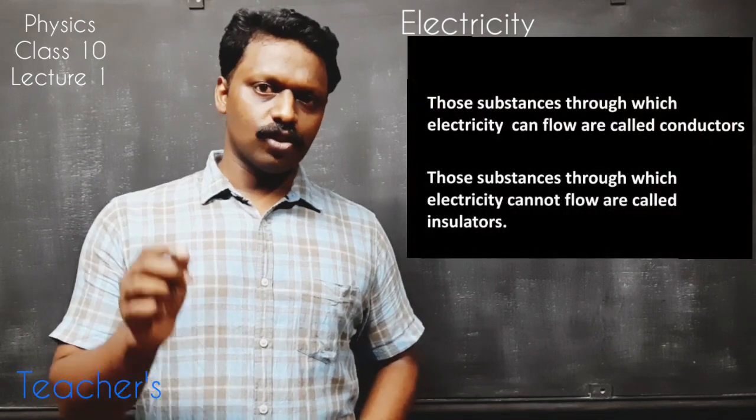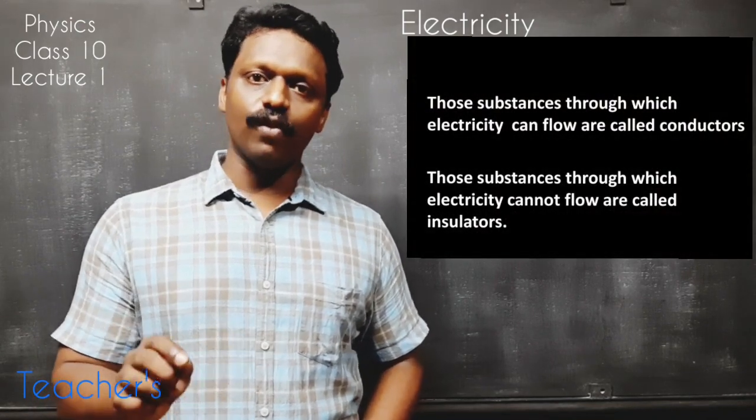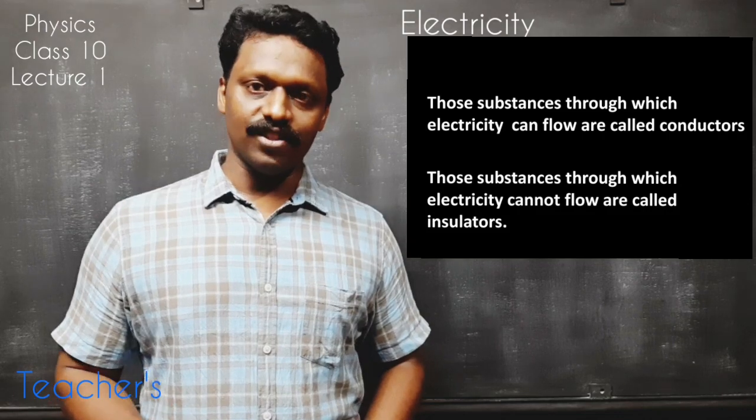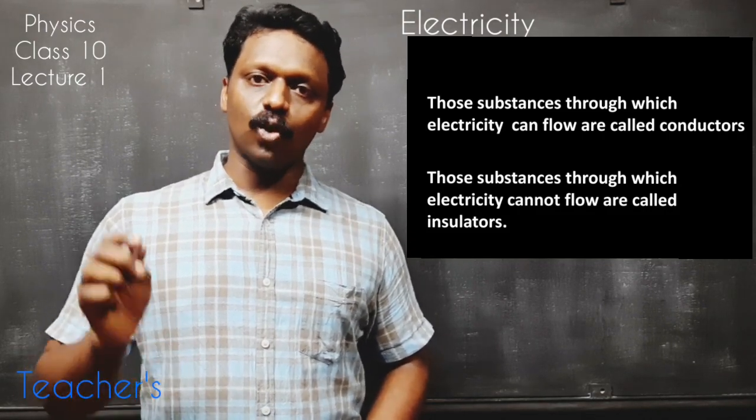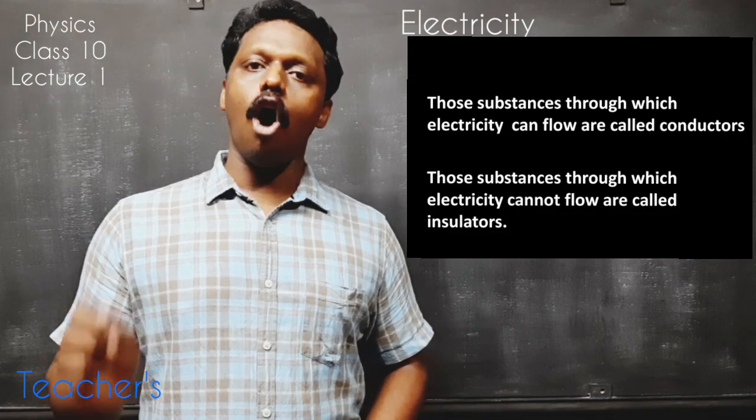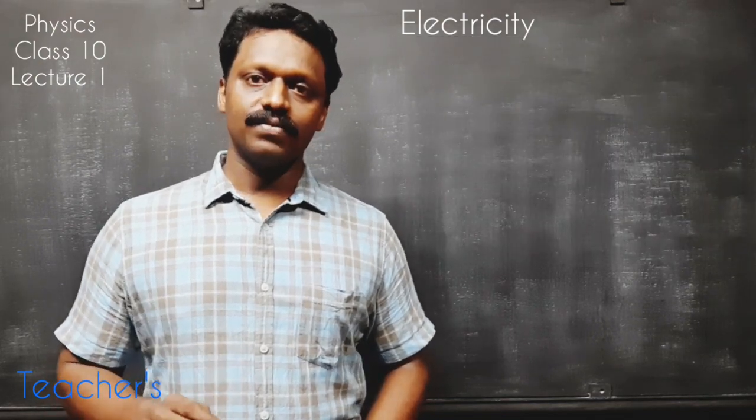Those substances through which electric charges cannot flow are called insulators. In other words, those substances through which electricity cannot flow are called insulators.